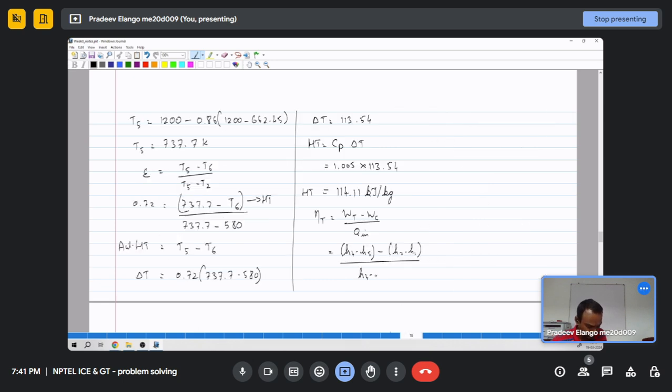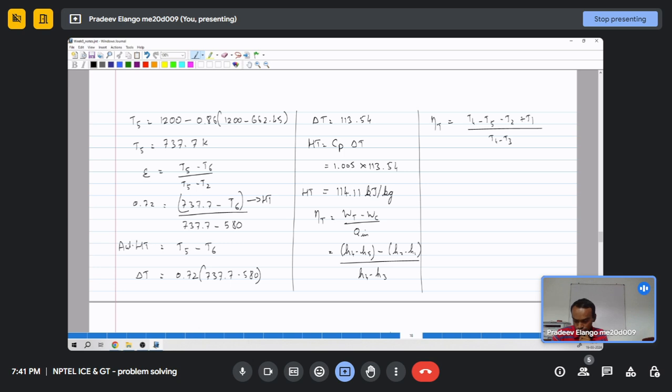Writing everything in terms of temperature, the overall efficiency will be T4 minus T5 minus T2 plus T1, divided by T4 minus T3. Do we have all these temperatures?